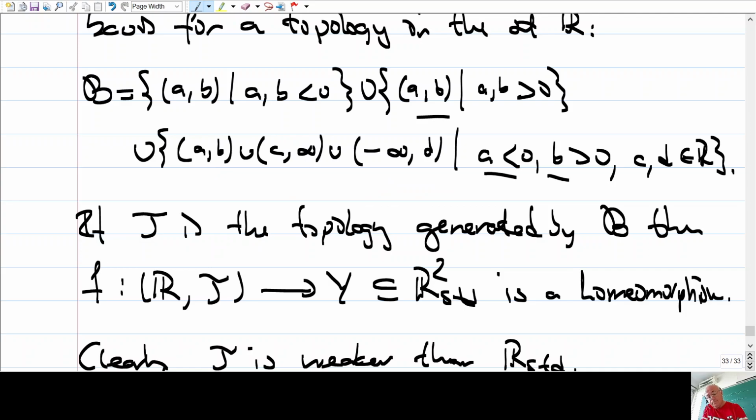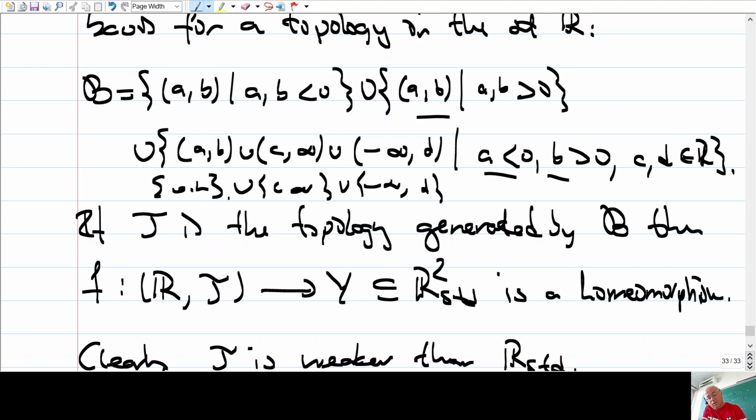My open sets are this kind of unions. I cannot write this as the union of AB's, union C infinities, union minus infinity D's. They are different objects. My objects are these unions.